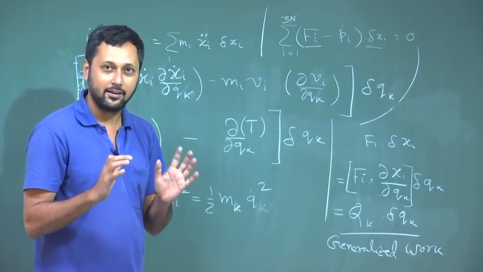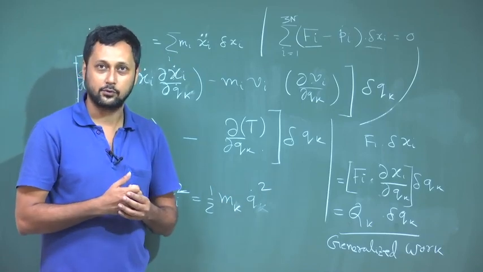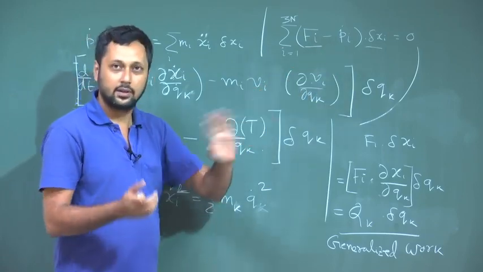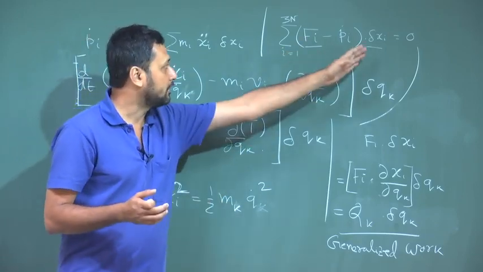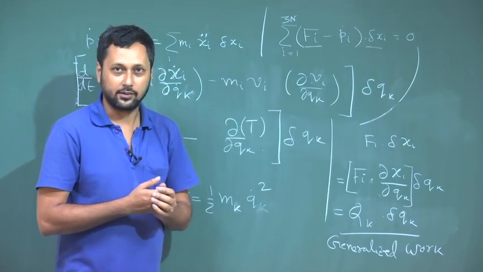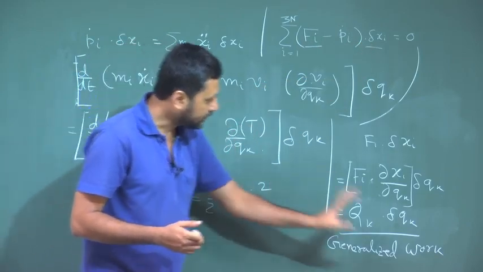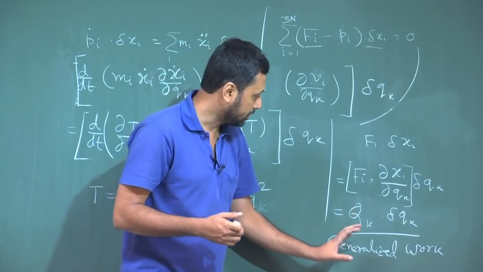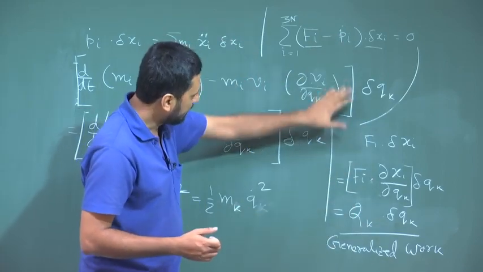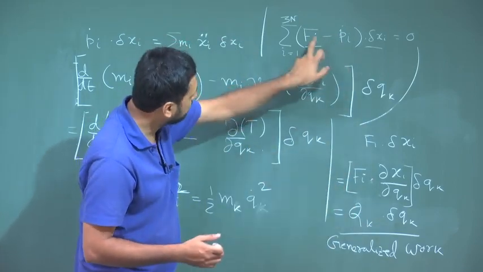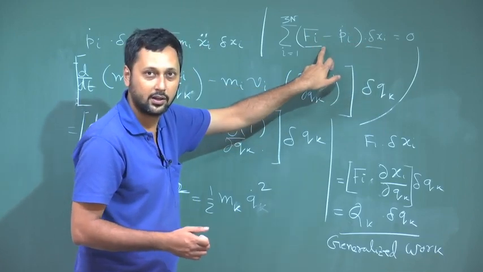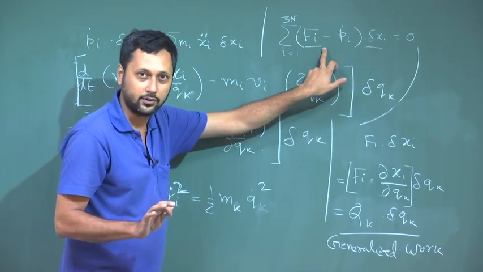In real life, what is the dimension of work? It is force times distance, so Newton times meter, for example. So, the generalized force has to have the proper dimension so that this equation, please remember, is a transformation of the same force equation we wrote in a standard Cartesian coordinate system.